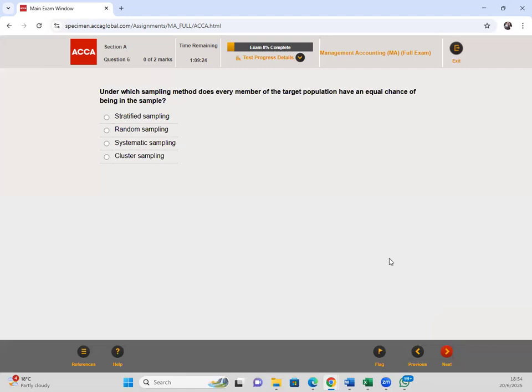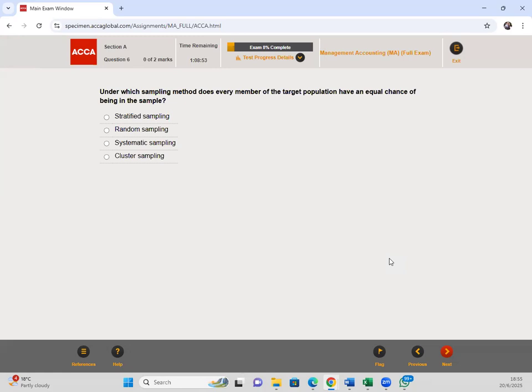Under which sampling method does every member of the target population have an equal chance of being selected? Equal chance of being part of the sample. So we have stratified sampling. In stratified sampling, the population is divided into what we call strata. So it's not every member that will be chosen.